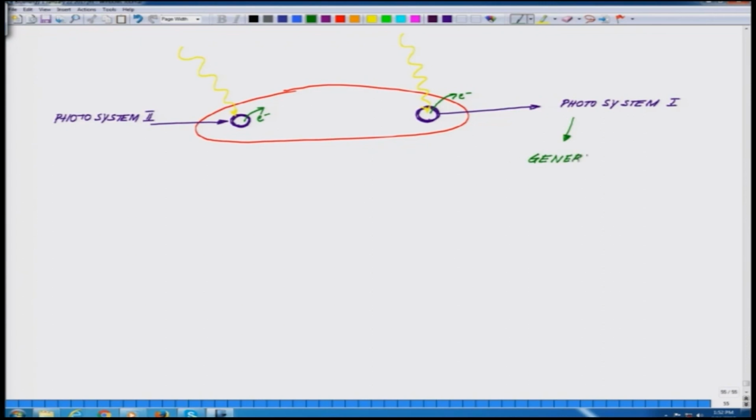So, it can reduce, generates reducing power in the form of NADPH. Okay. Now, having said this, so now photosystem 1 has ejected an electron because of the light.